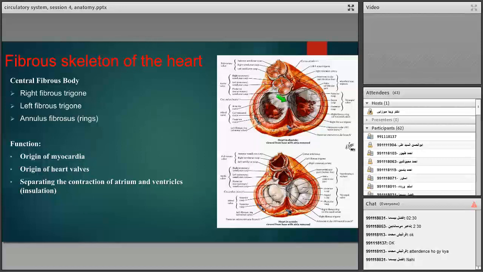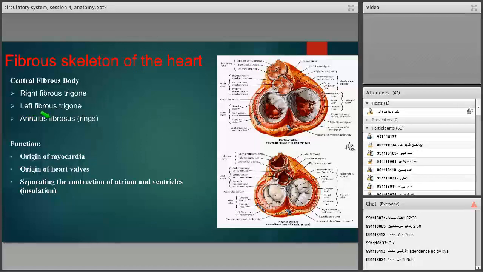From these triangles, some rings will curve around the atrioventricular valves. They are annulus fibrosus rings around the tricuspid and mitral valves, and also 2 around the aortic valve and pulmonary trunk.